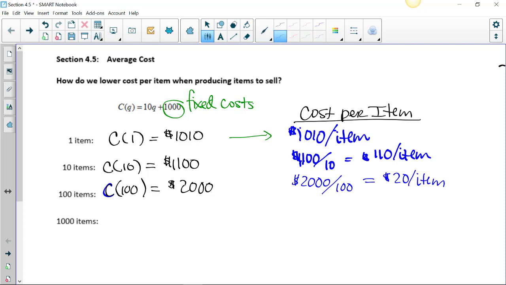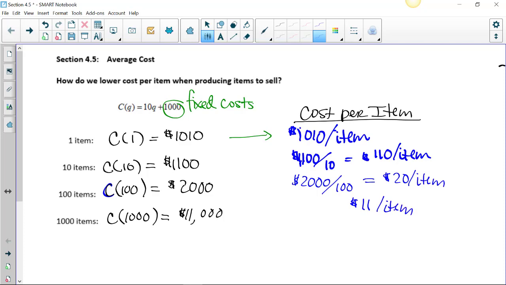And if I produce 1,000 items, my total cost is $11,000.